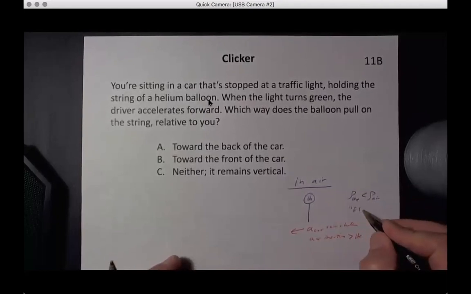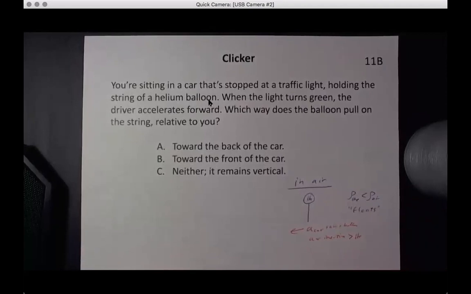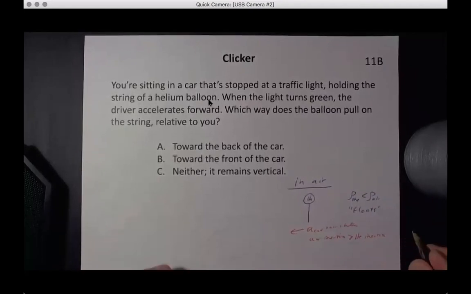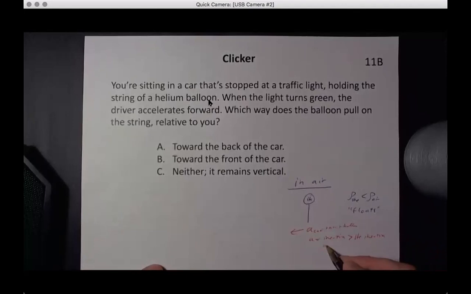Because it floats, right? That's how you know. It tries to float. It's on a string, so you can't get all the way to the top. So the air inertia is greater than the helium inertia. And that means that the air tries to stay in the same place. So the air is pushed back.